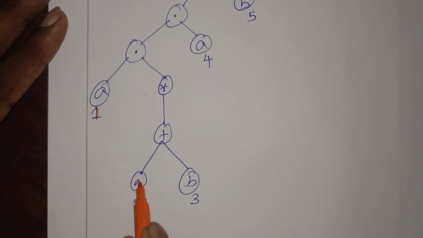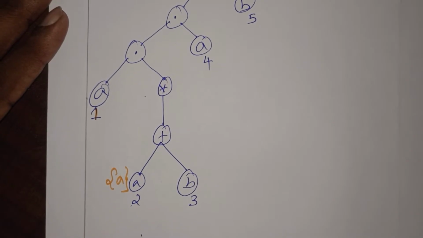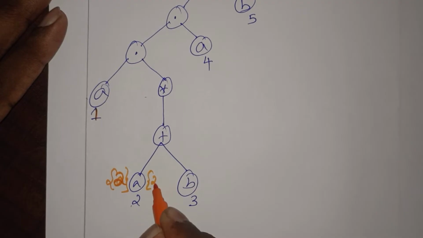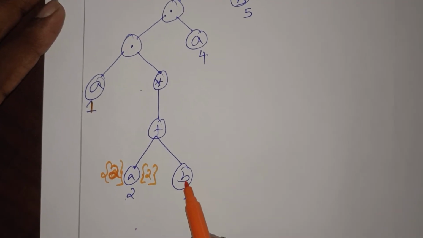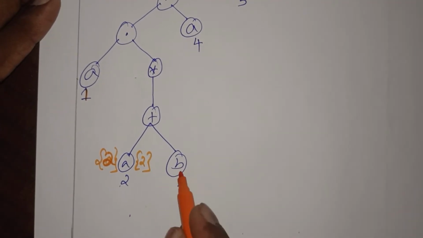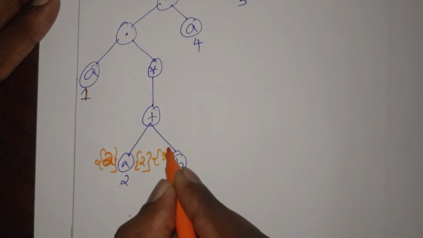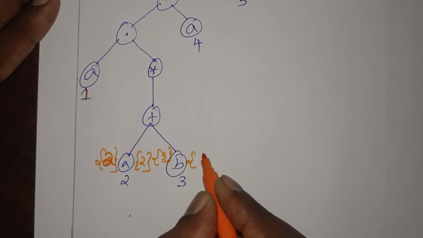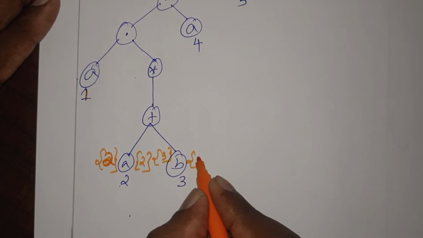So the first of a is 2, and the last of a is also 2, since both values are the same. The first of b is 3, and the last of b is also 3.